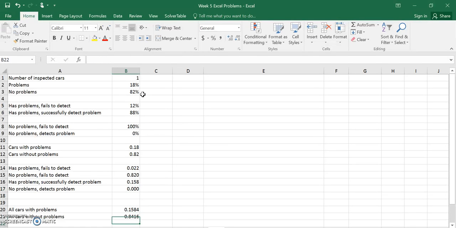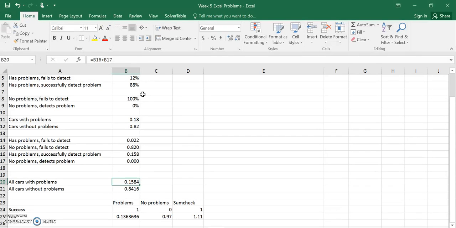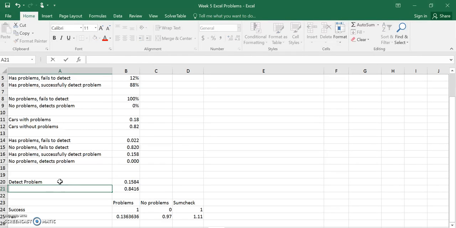Okay, now, this next section is actually where there is a problem. She did the right thing in adding, but she didn't add the right set. So what you do here is you're not multiplying the outcome, you're adding the odds of detecting a problem or not detecting a problem. So let's do detect problem and does not detect problem.